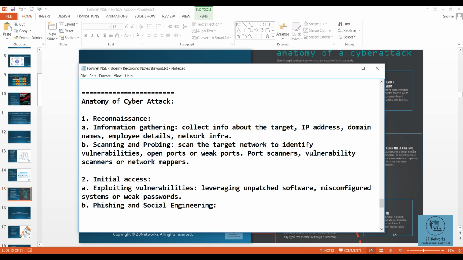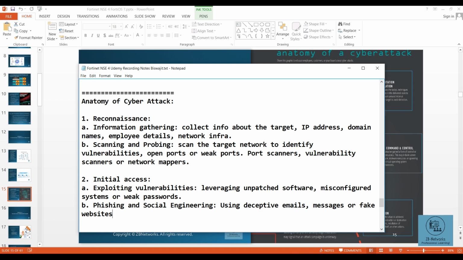What does that mean? The attackers can use deceptive emails, right? Any sort of deceptive messages, or providing links to fake websites.